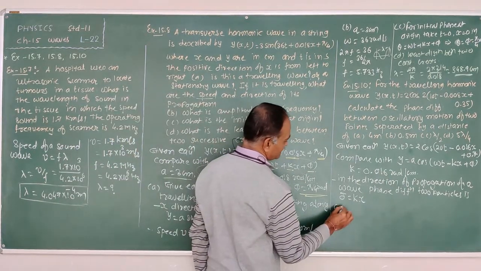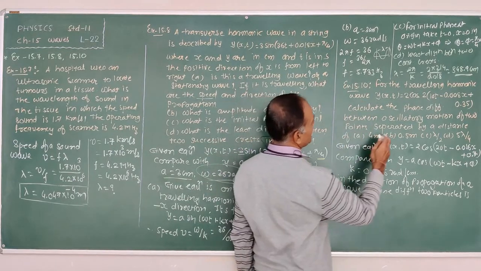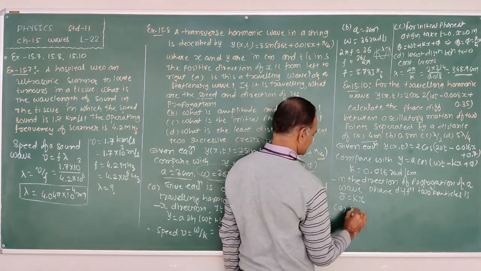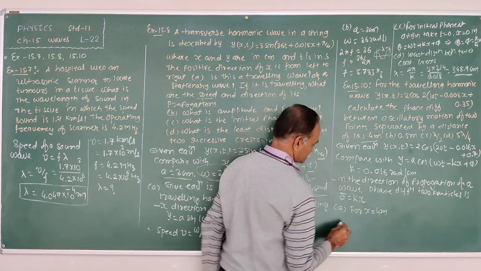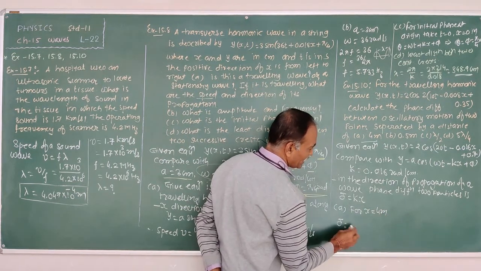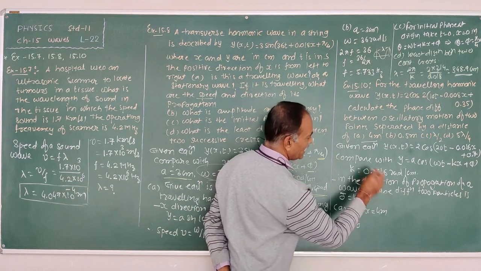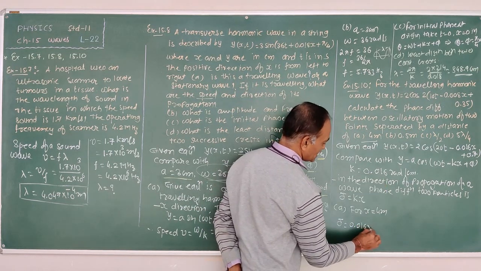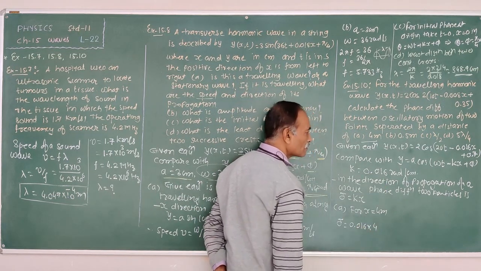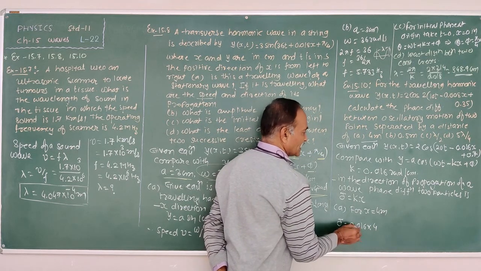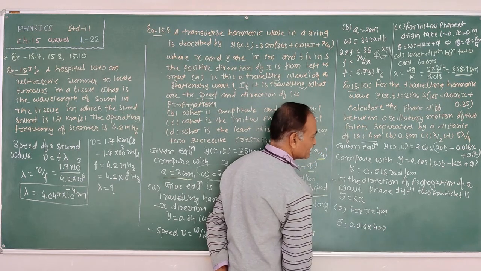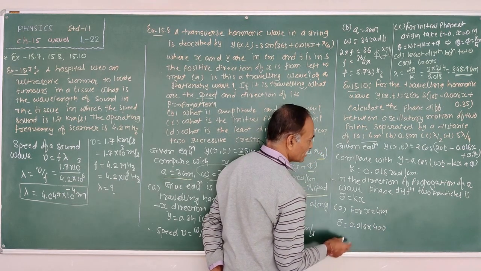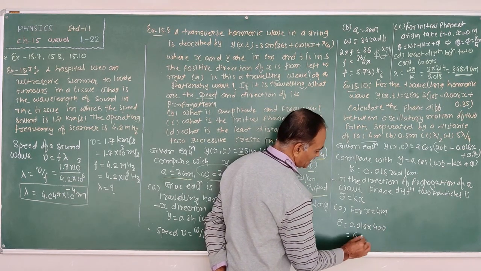First for x is equal to 4 meter. Delta is equal to k, 0.016, into x, 4. That k is given in radian per centimeter, therefore x is taken in centimeter. So it's equal to 6.4 radian.